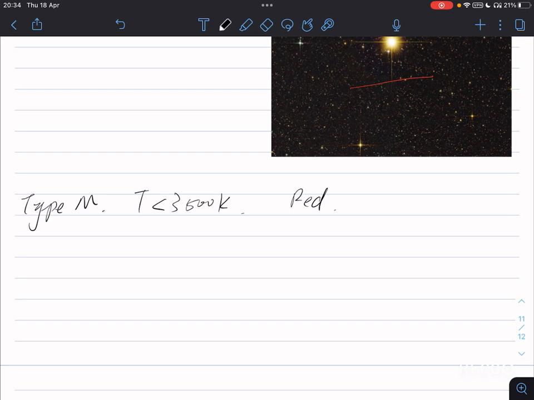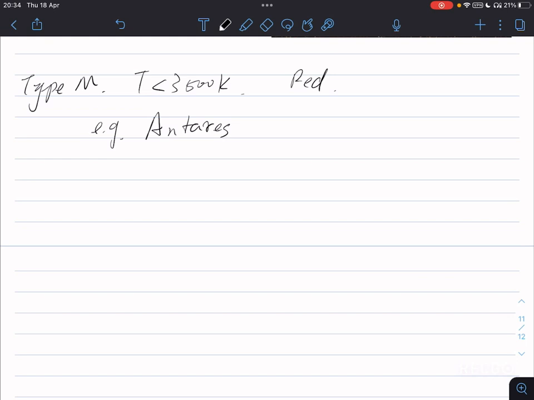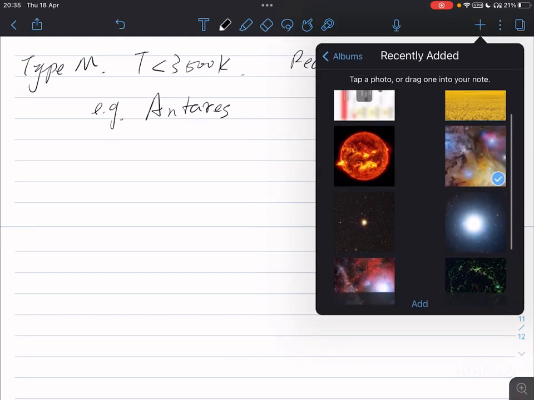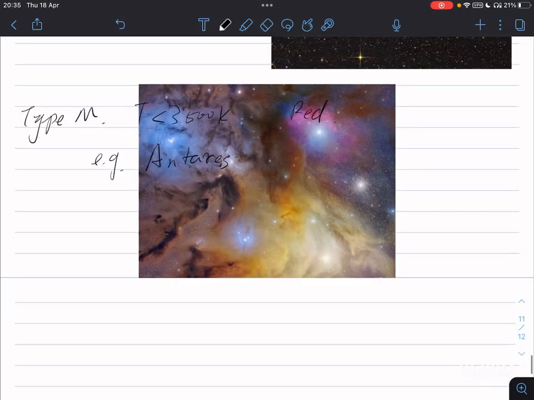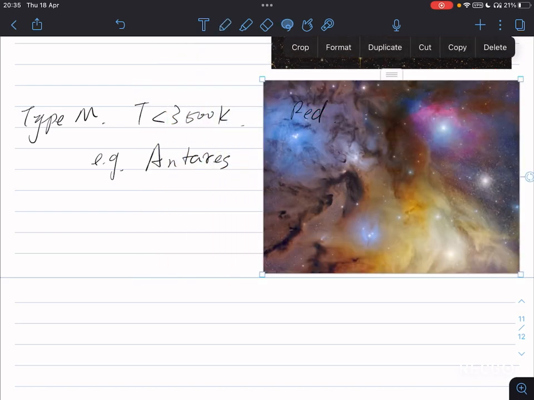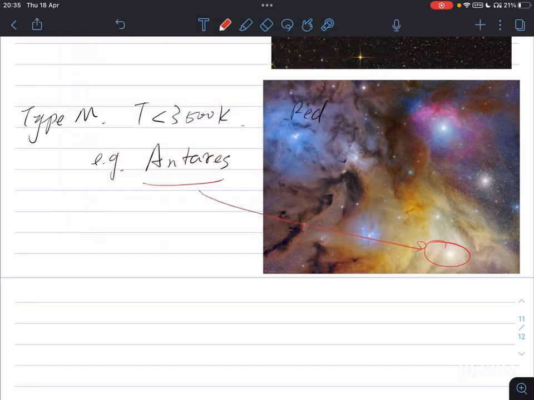The example is the Arendelle star. Just this star.